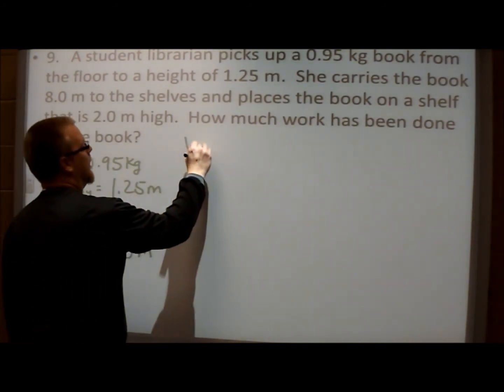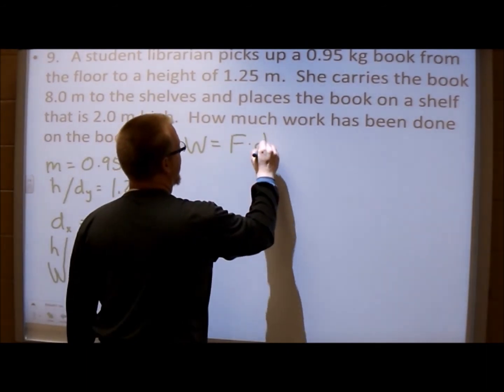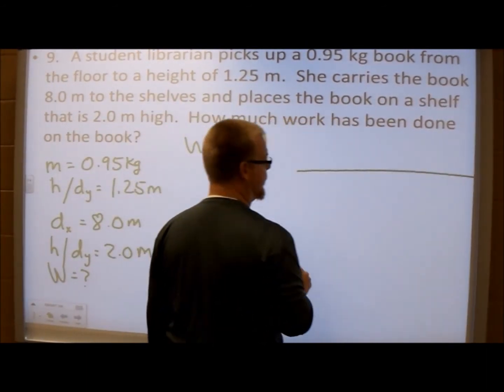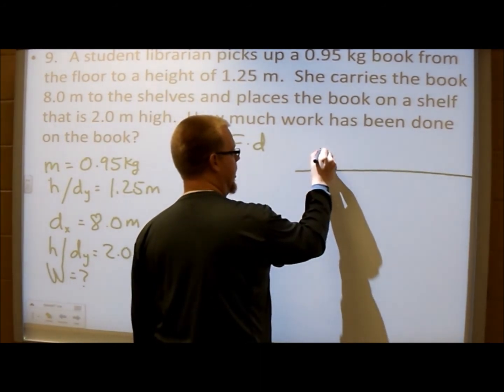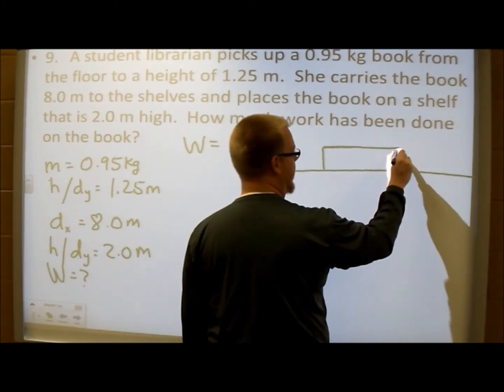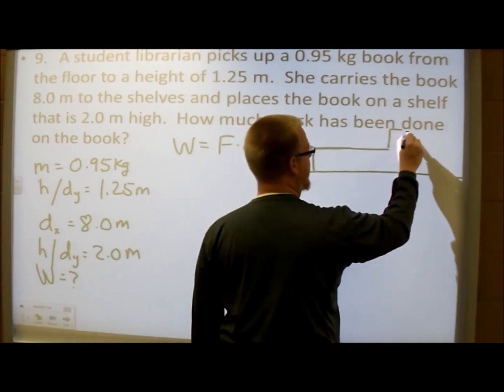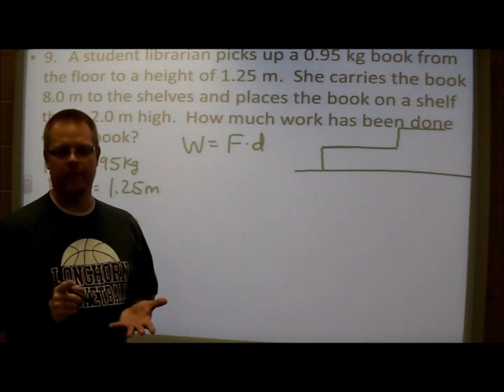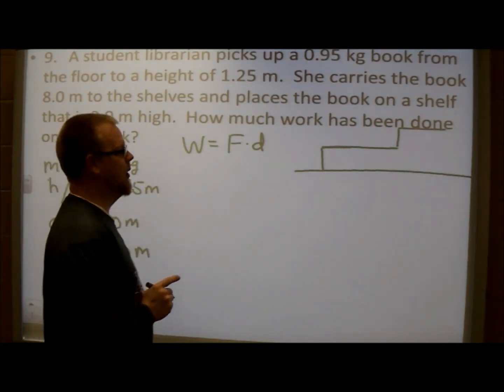Okay. Here's the trick. I've got a floor. I lift the book up to a certain height, then I carry it across the floor, and then I lift it up to another height. Think human horsepower lab.